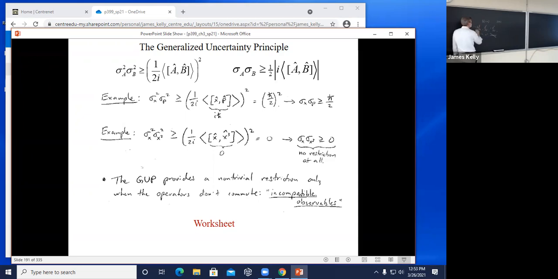It's the i's that switch signs. So here I get a change in sign from the derivative when I do integration by parts, and I get another change in sign from the i, and they cancel each other and give me the same operator back on the left-hand side.